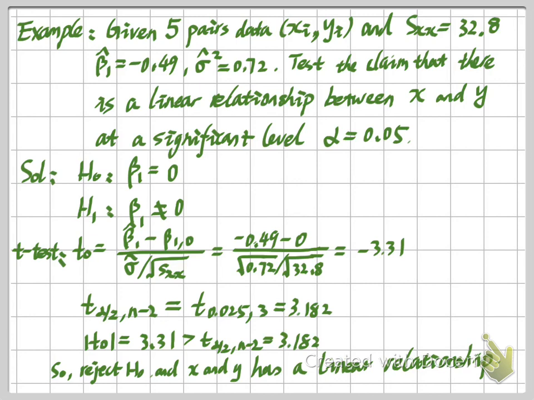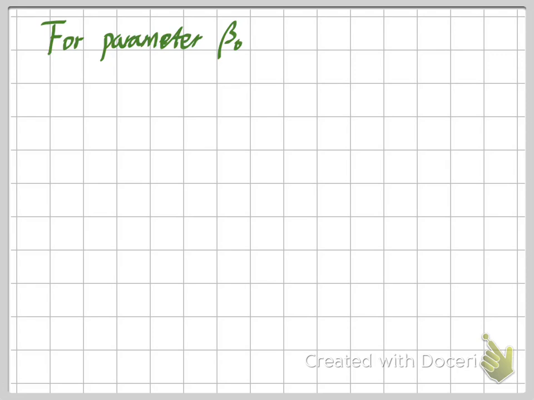Then how about beta 0? We already did beta 1, and now let's move to beta 0. For beta 0, the idea is similar. We still test whether beta 0 is equal to a constant or not, so we still do a two-sided test for beta 0.